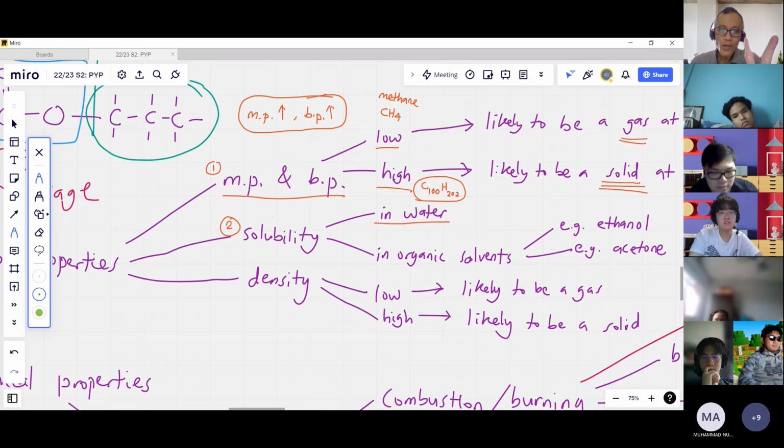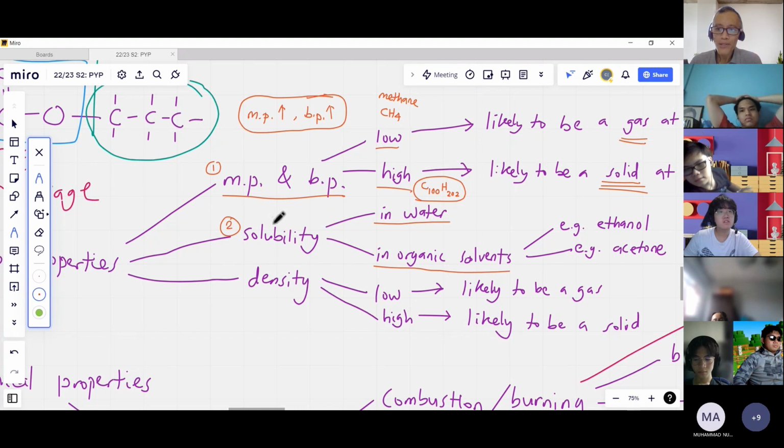One is in water. Is the substance soluble in water? Now, even if it is, you also have to ask, is that substance soluble in organic solvents? And here I've given you two common examples of organic solvents. One is ethanol, one is acetone.